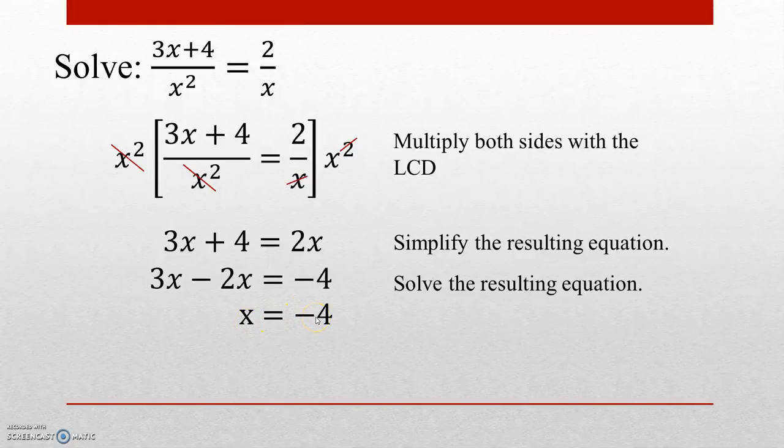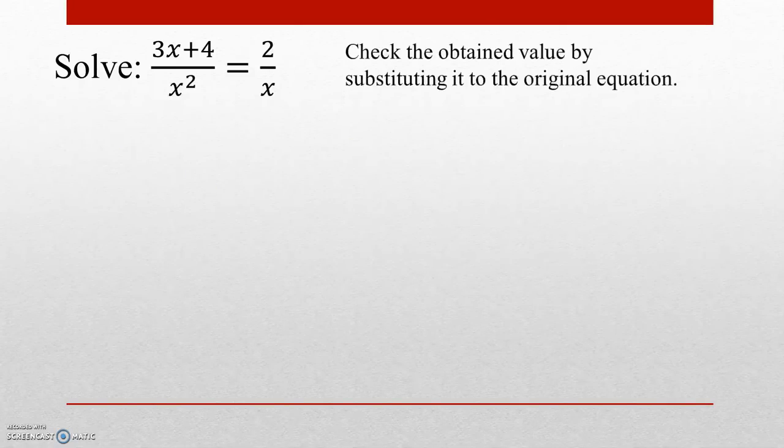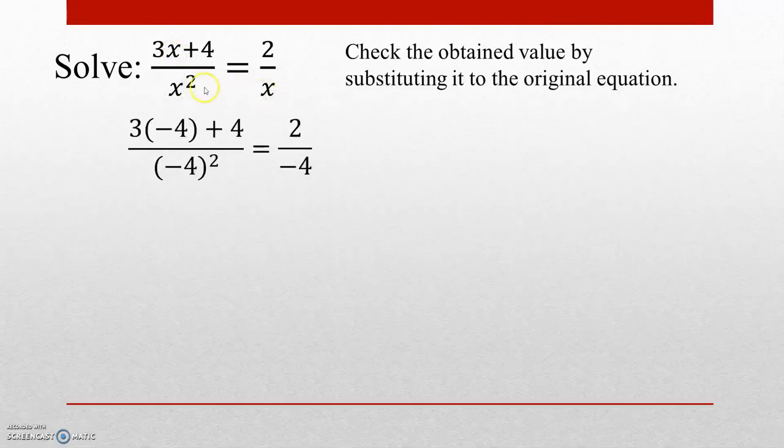Ngayon, let us try to check kung tama yung ating sagot na negative 4. Check the obtained value by substituting it to the original equation. So, kailangan daw palitan si x dito ng negative 4. So, 3 times negative 4 is negative 12 plus 4.